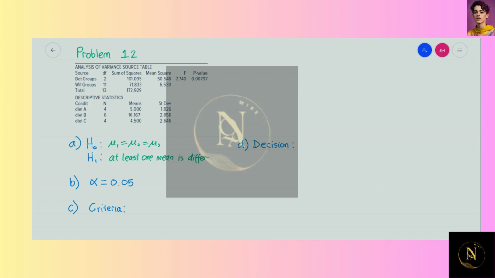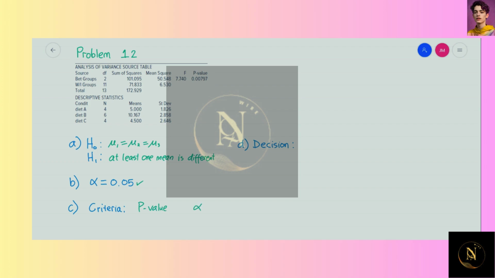Next, in the research, the level of significance alpha is given as 0.05, and the criteria that is going to be used to make the decision is a comparison of the p-value and the level of significance.